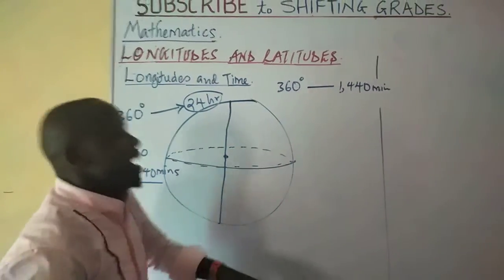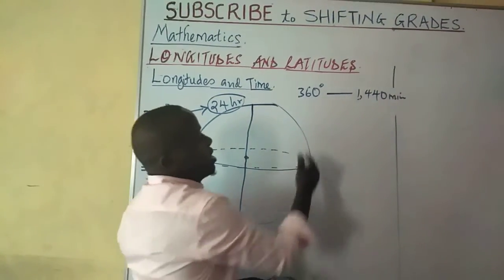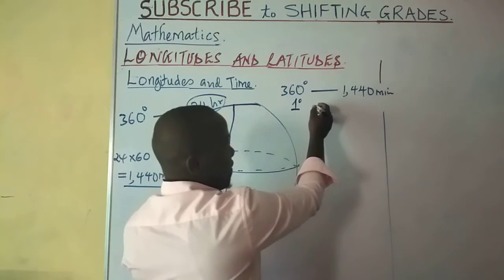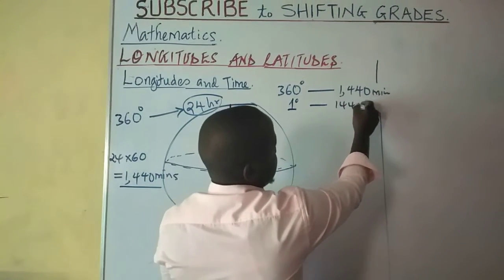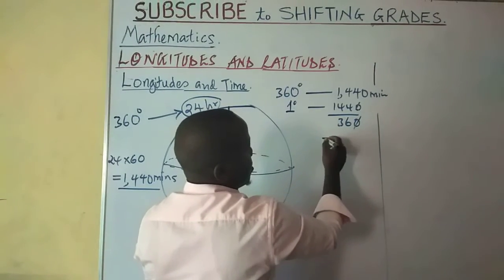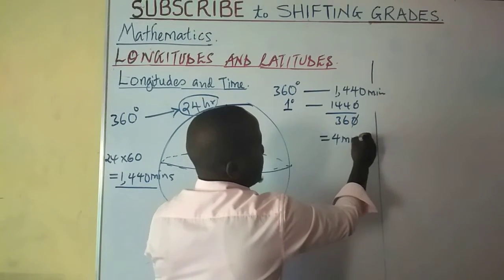So with that, we can relate and say for the Earth to rotate 1 degree, it takes 1440 divided by 360, and this gives us 4 minutes.